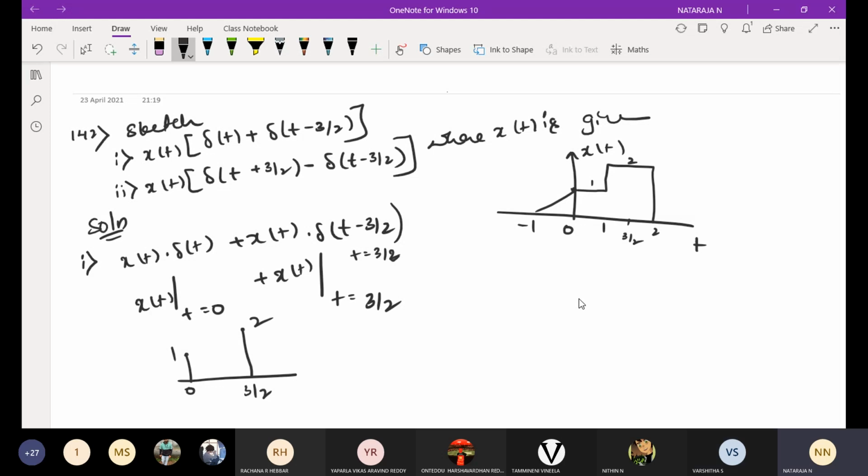Like that we are going to solve. Then same procedure, x of t into delta of t plus 3 by 2, then t minus 3 by 2. What value will you get? At t is equal to 3 by 2 you will get 2, then for the other signal you will get 0, but you are going to get a minus 2.